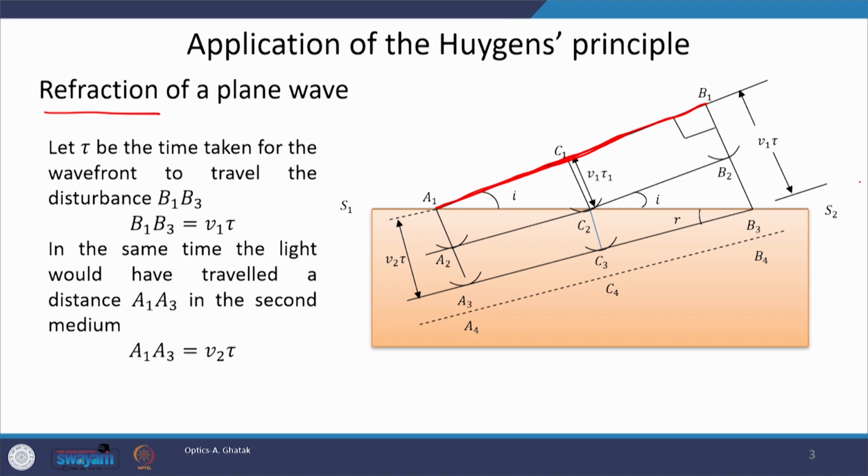Now, let tau be the time taken for the wavefront to travel the distance B1 B3. Sorry, it is not disturbance, it is distance.